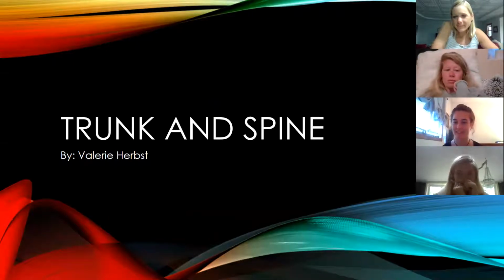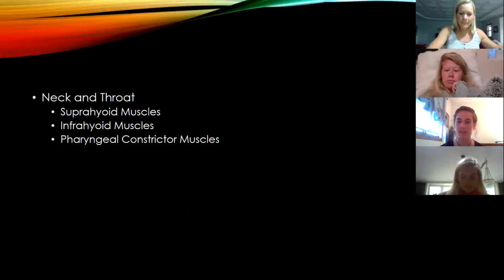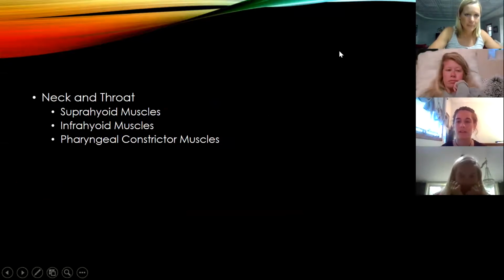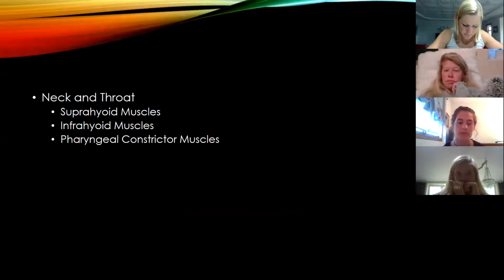Yep. Okay, so today I'll be talking about the trunk and spine and all the musculature attached with that. First off, I'll be talking about the spine and kind of the neck and throat and how they are connected to the cervical spine. There are three muscle groups in this.